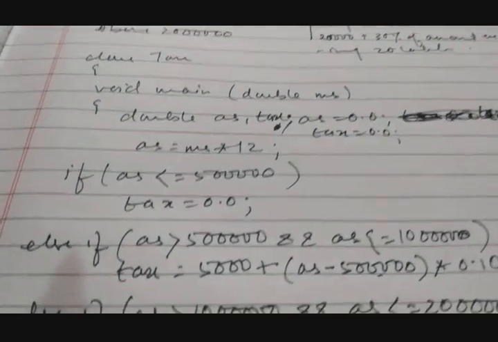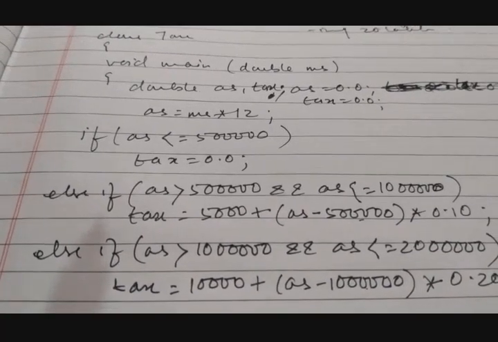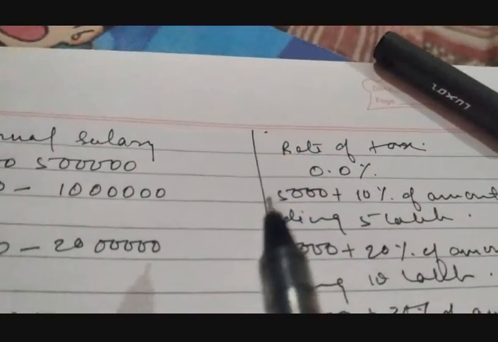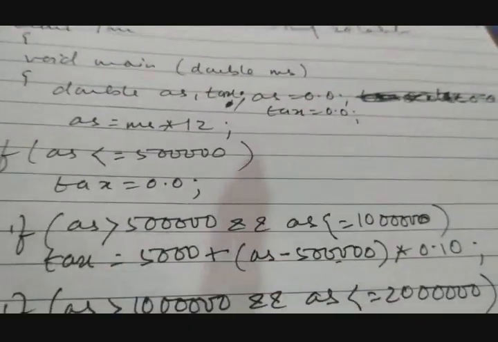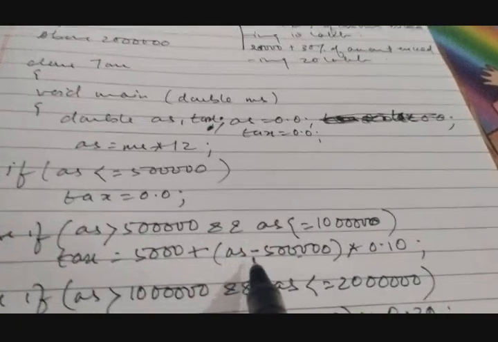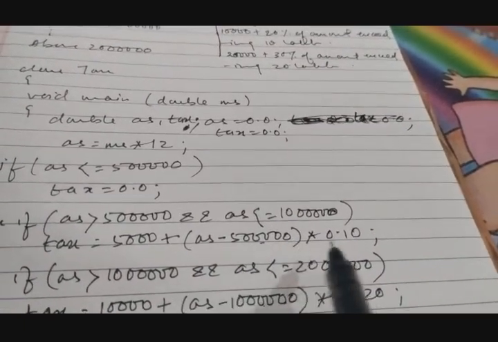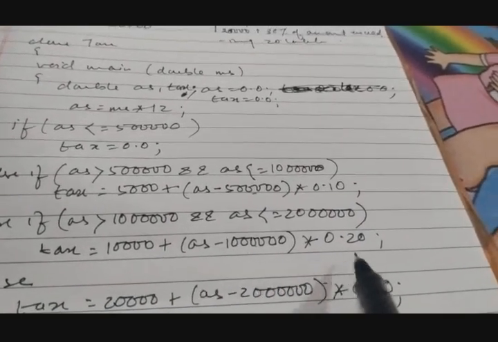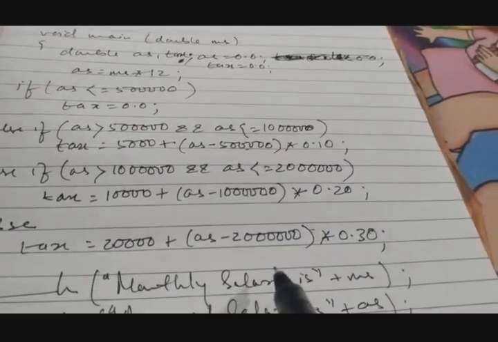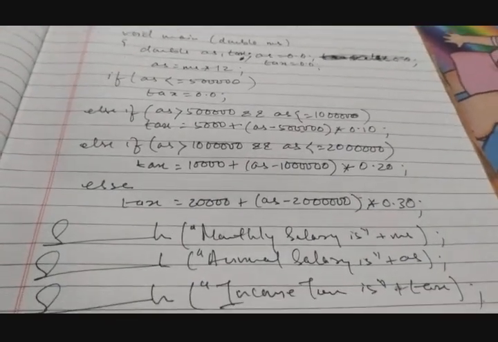Calculated the annual salary, then went for the slab, and as per the slab, look now here, the second slab, 5,000 plus 10% of amount exceeding, जो 5 लाख से ज़्यादा का अमाउंट है, एनुअल सैलरी में 5 लाख से जो ज़्यादा का अमाउंट हुआ उसका 10%, उसी तरीके से 10 लाख से ज़्यादा का जो अमाउंट है उसका 20%। ठीक है ना? This is how it is calculated.